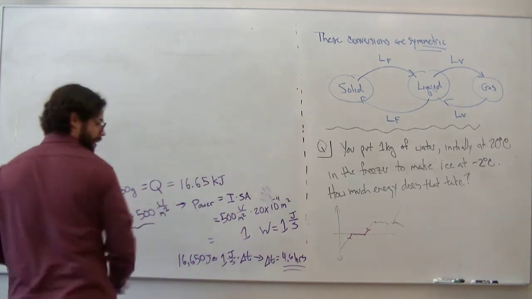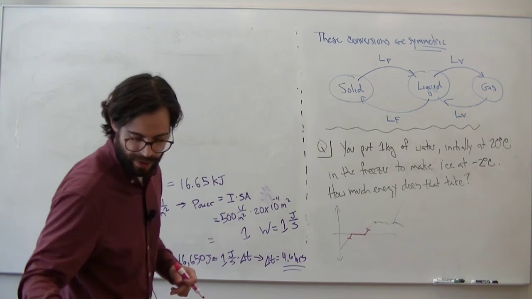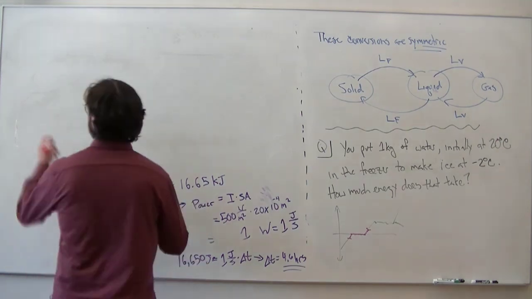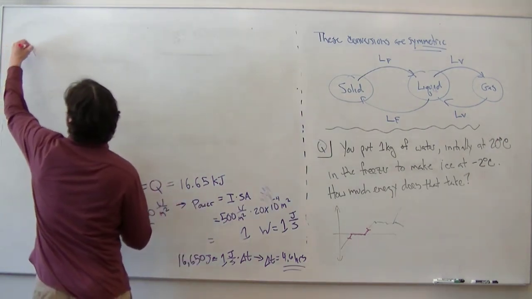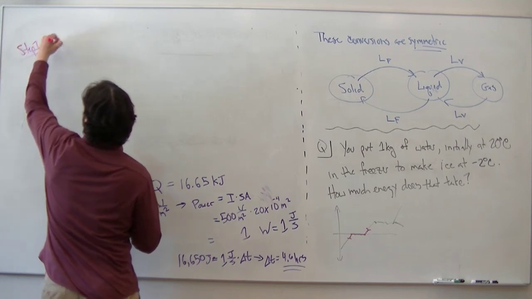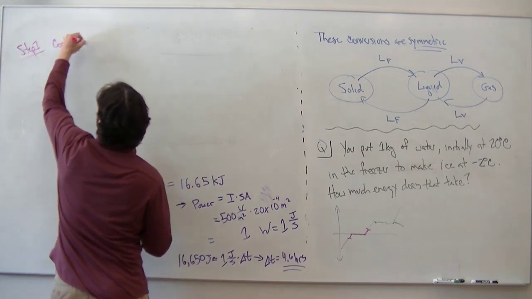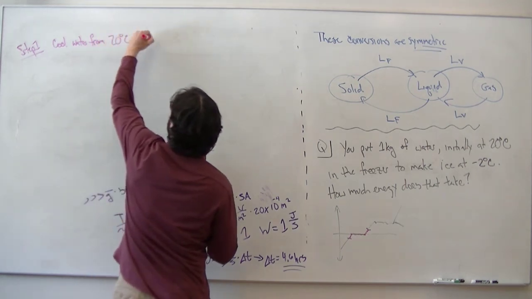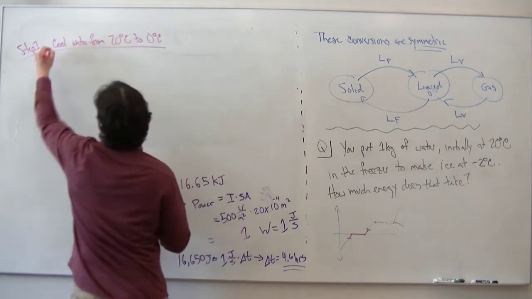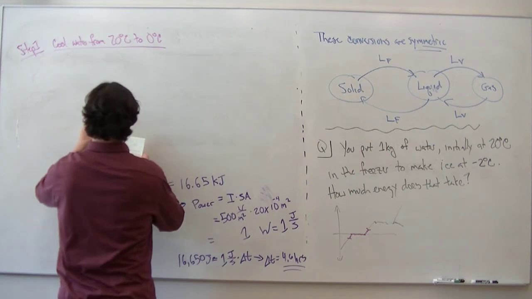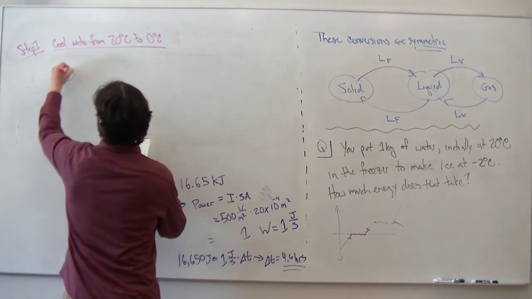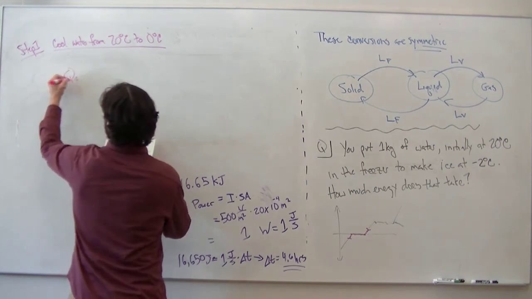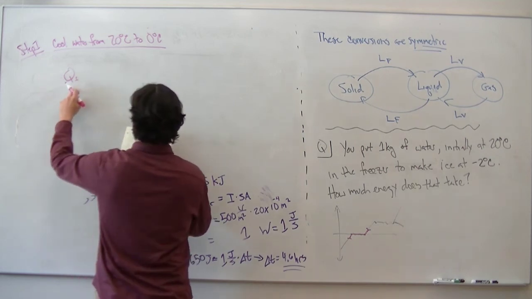So step 1, let's cool down some water to the point where we can freeze it. And how I do that is, call this Q1, the heat required for step 1.